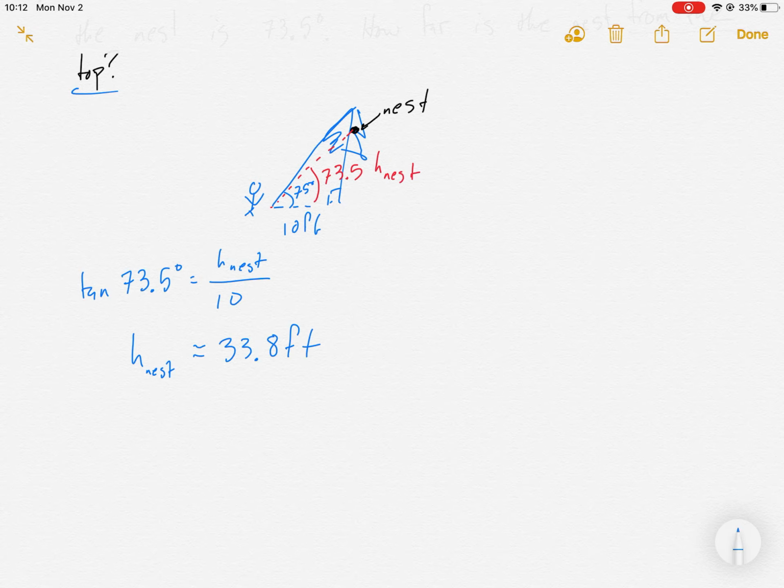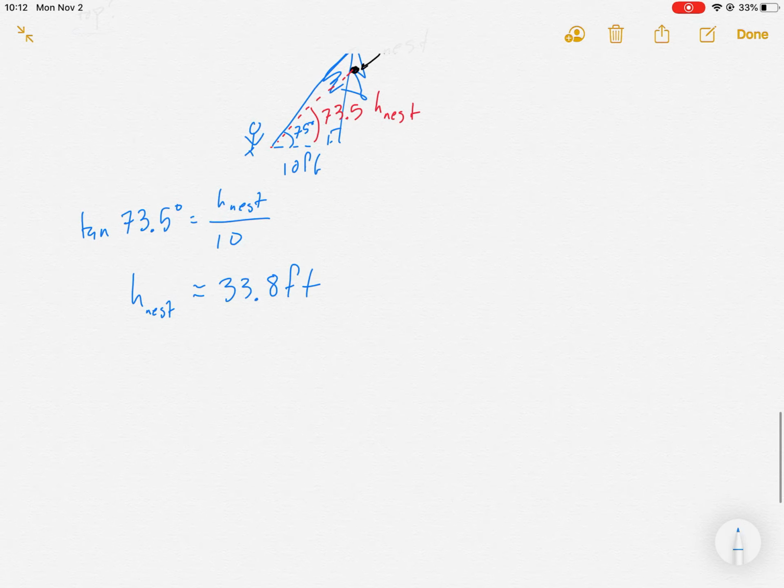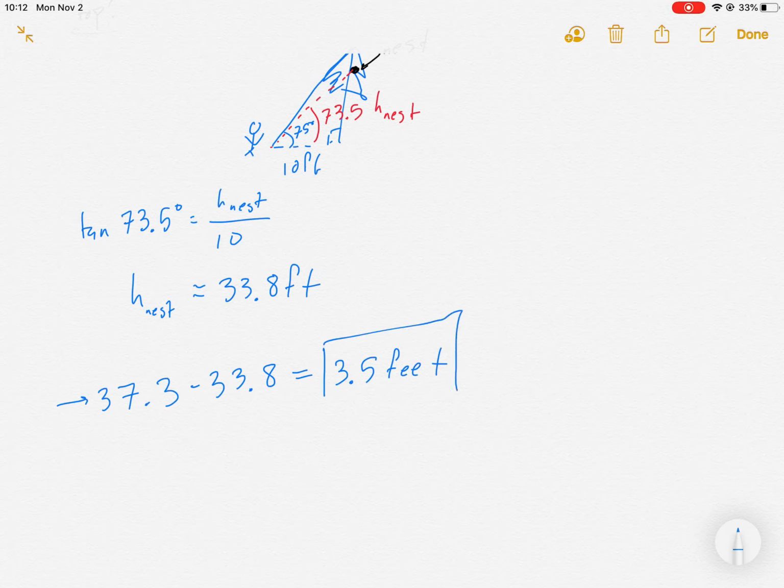So we're going to take the height of the whole tree, which was 37.3, and we'll subtract 33.8. So I get 3.5 feet. Make sure I did my mental math correct there: 37.3 minus 33.8. And so we get that the nest is about 3.5 feet from the top of the tree.